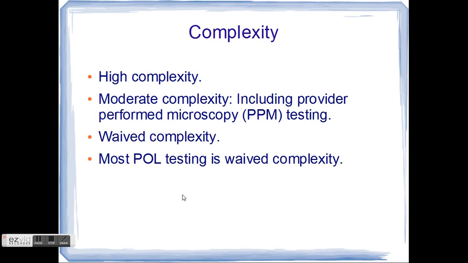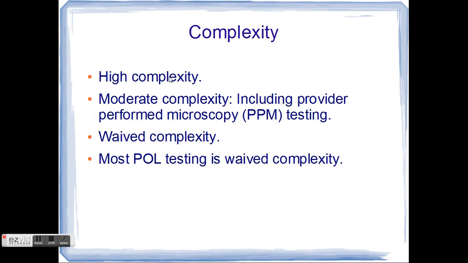Test complexity has 3 levels: high complexity, moderate complexity, including provider-performed microscopy, PPM testing, and waived complexity. Most POL testing is waived complexity, so that is the one that we've been talking about the most.